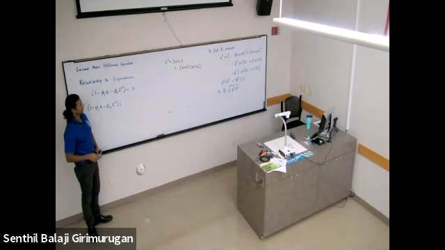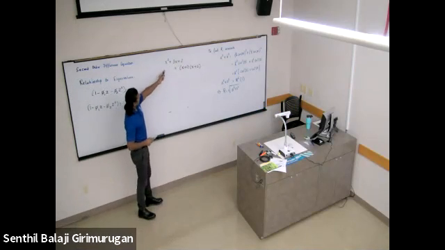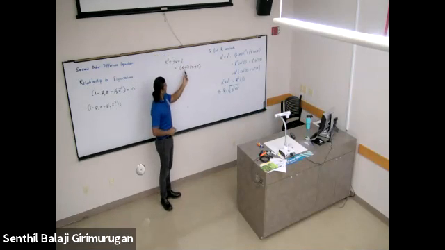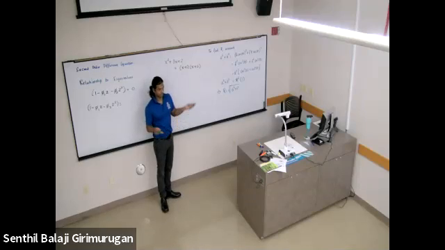Here is the question. If I want to solve for the roots of x squared plus 3x plus 2, it is equivalent to saying I set each of these factors equal to 0, right, from algebra.